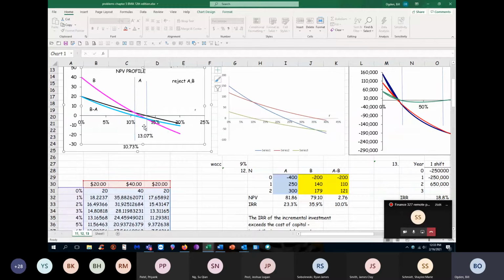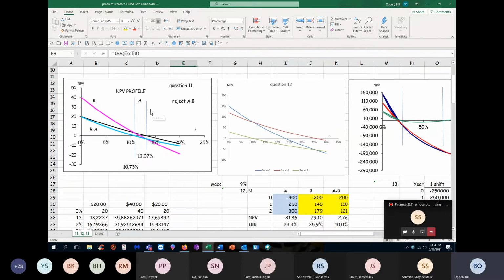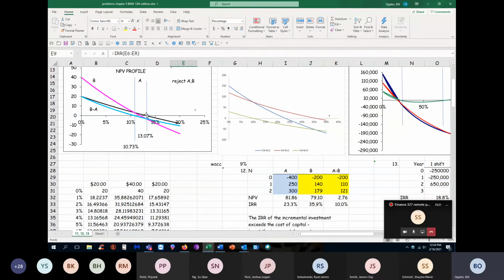And the last question asks, you can see that anytime the cost of capital exceeds the IRR of the differential cash flows, so B minus A, 10.73%, that makes your profile for the differential cash flows go negative.